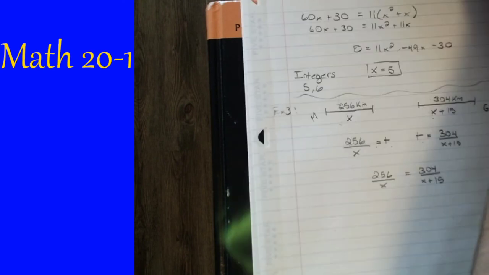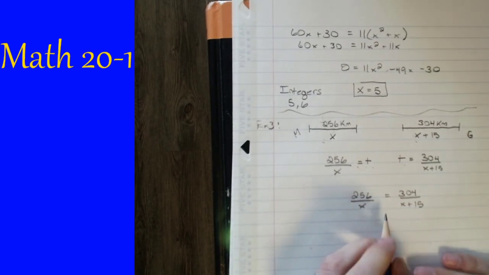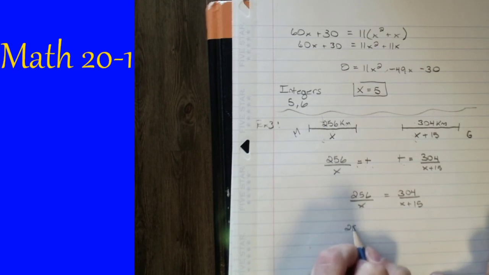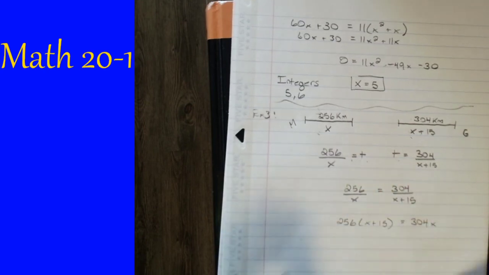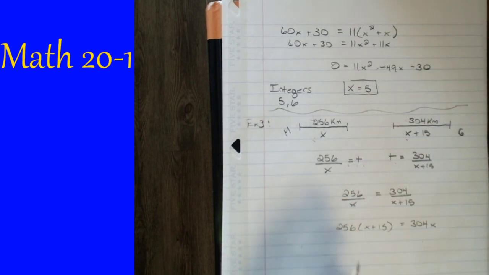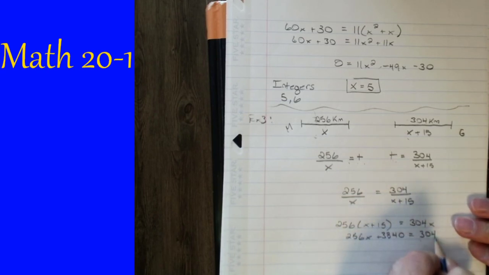So we shall multiply by x and multiply by x plus 15. So we're going to have 256 times x plus 15 is equal to 304 multiplied by x. So 256x plus 15 times 256, which is 3,840, is equal to 304 times x.